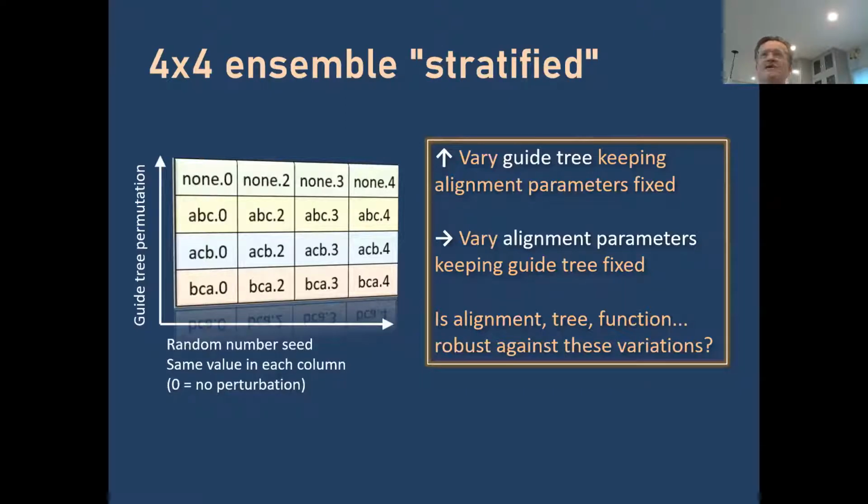So we have the same gap penalties, the same substitution matrix. That way you can look at your downstream predictions. Are you predicting an enzyme category, secondary structure, a tree? You can visualize that in the 4x4 grid and see whether your prediction is robust against the variations on each axis.